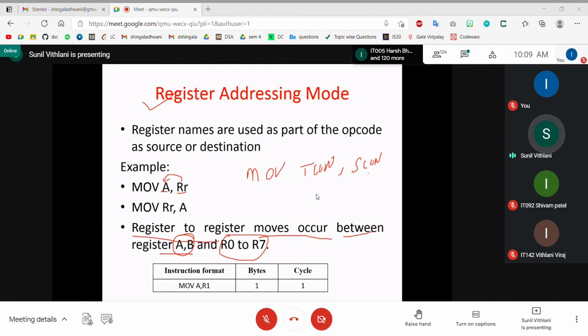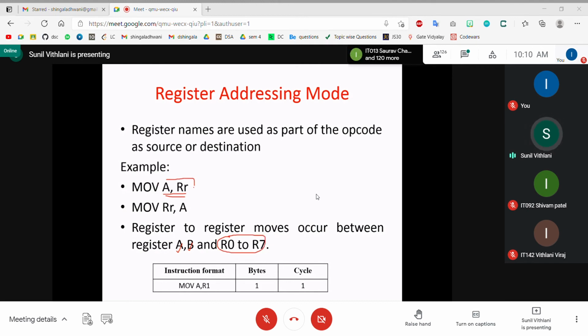You cannot directly transfer data from the SCON special function register to the TCON special function register. Which registers can you use here? It will be register A, register B, or R0 to R7.